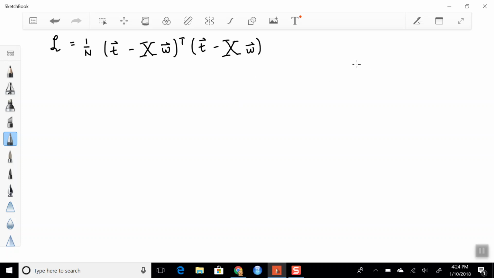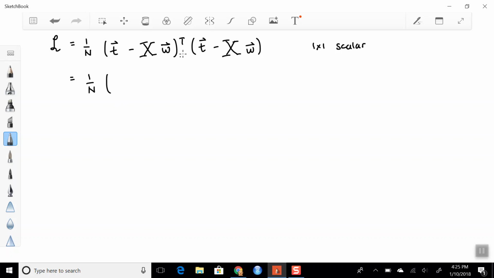Okay, and this we said the output is a 1 by 1 scalar. Okay, so now I'm going to expand this out.